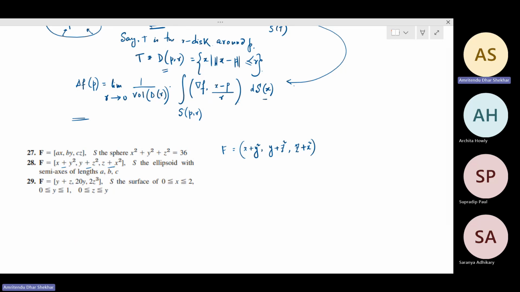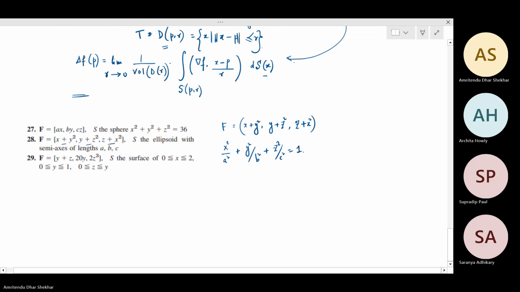And you are basically given this ellipsoid, which is x squared by a squared plus y squared by b squared plus z squared by c squared is equal to 1. And you have to compute F dot n cap over this ellipsoid.